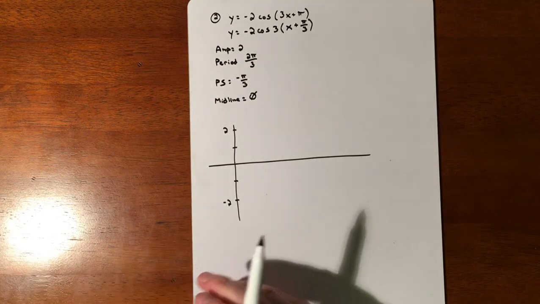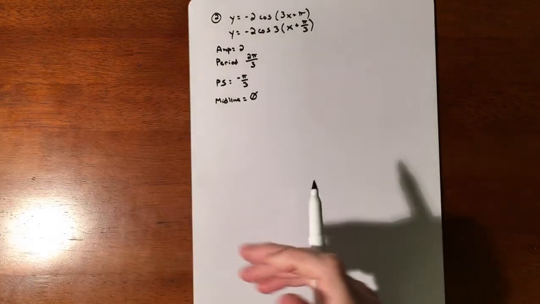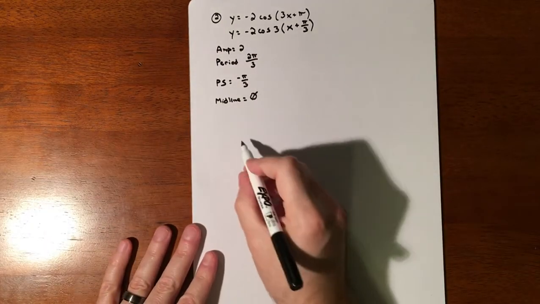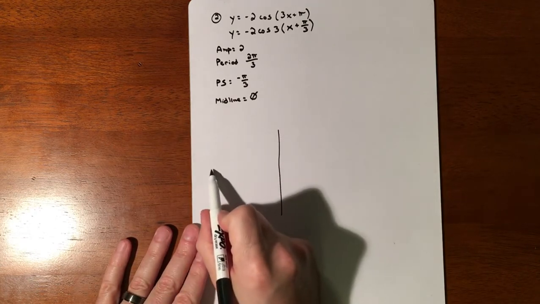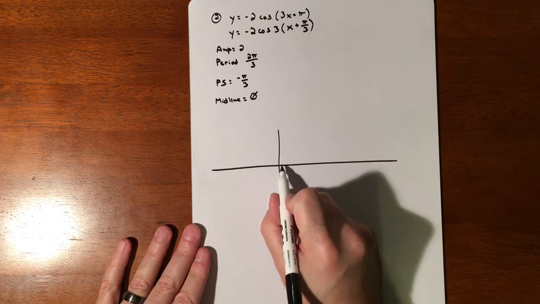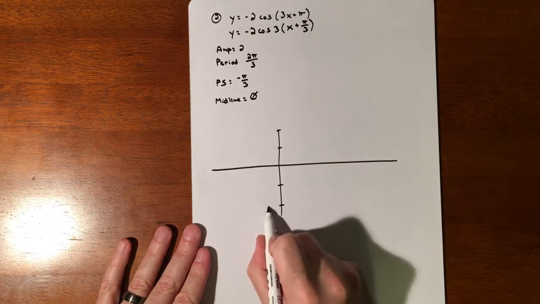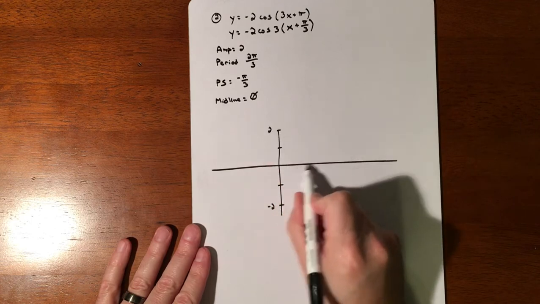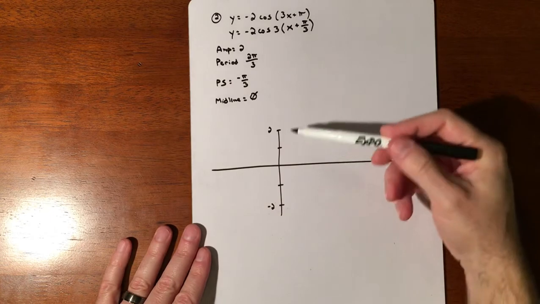I didn't prep for this very well because we are shifting back pi over 3, so let me do a little bit more in the center. So we're going to go down 2, up 2, and then I'm going to put my 4 normal spots here because we've taken care of the vertical aspect of this.